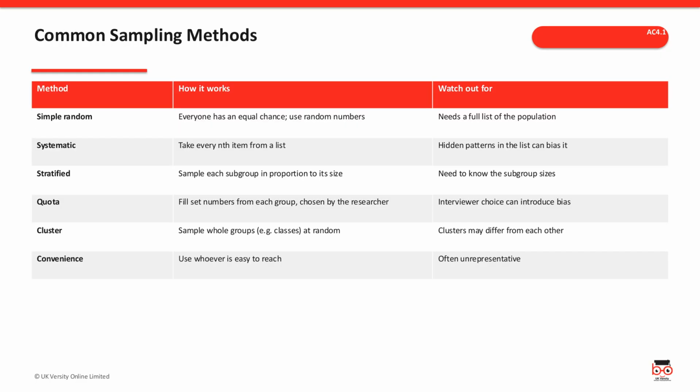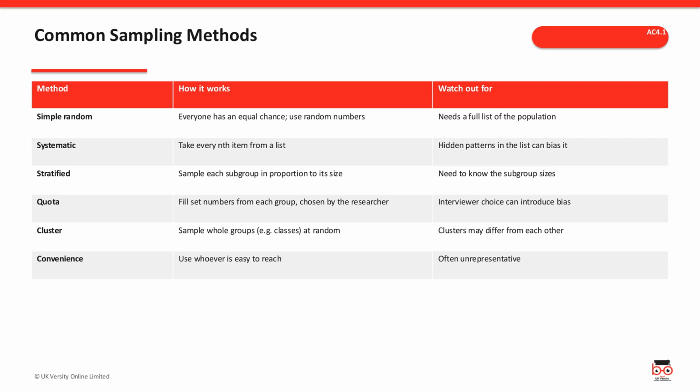There are several standard sampling methods, each with a watch-out. Simple random gives everyone an equal chance using random numbers, but you need a full list of the population. Systematic takes every nth item from a list, though hidden patterns in the list can bias it. Stratified samples each subgroup in proportion to its size, which means you need to know those sizes.